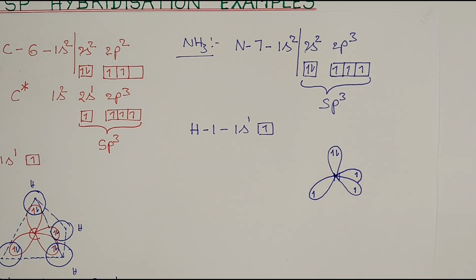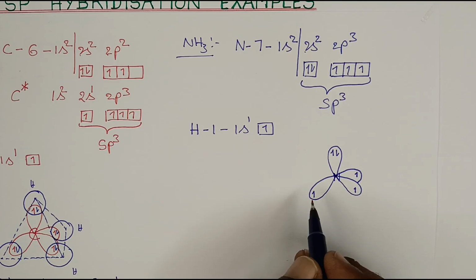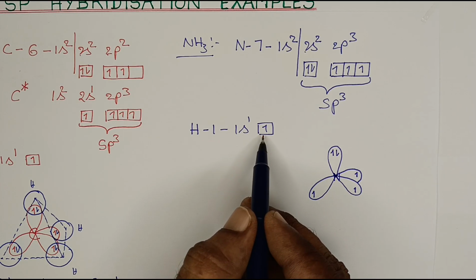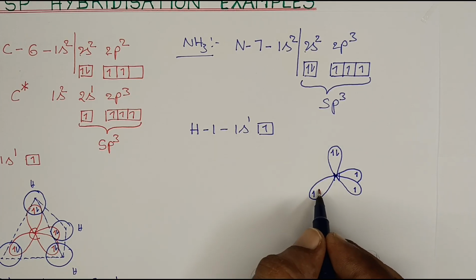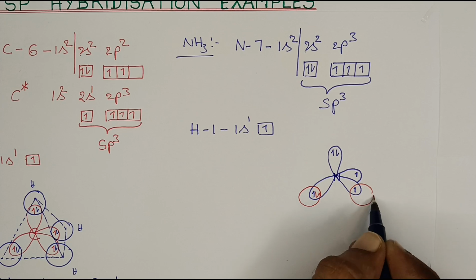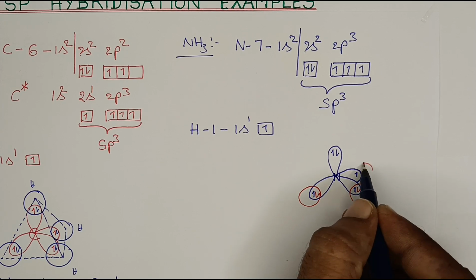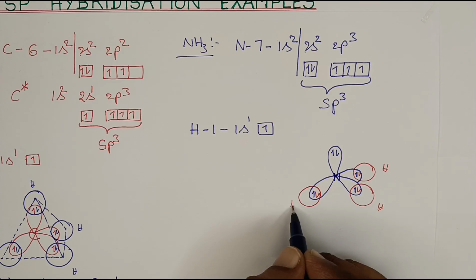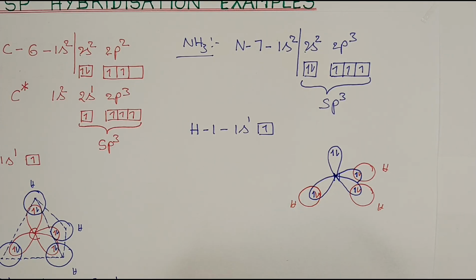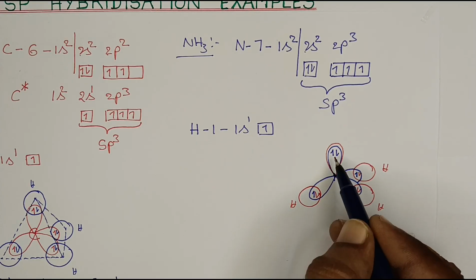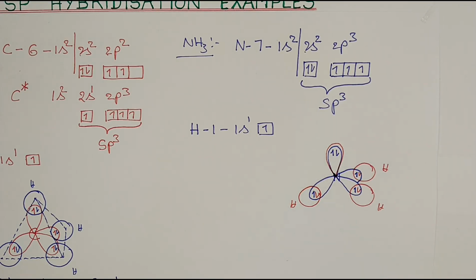With these 3 unpaired sp3 hybridized orbitals, the pure 1s orbitals of 3 hydrogen atoms combine to form the NH3 molecule. So hydrogen, hydrogen, hydrogen. This is the orbital containing the lone pair.